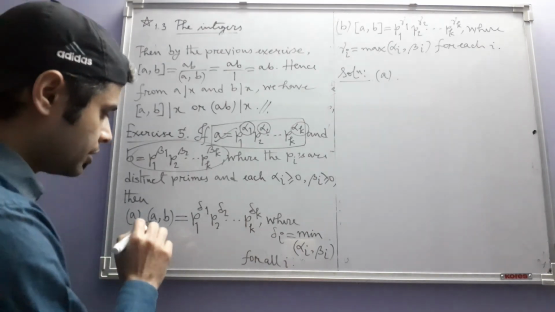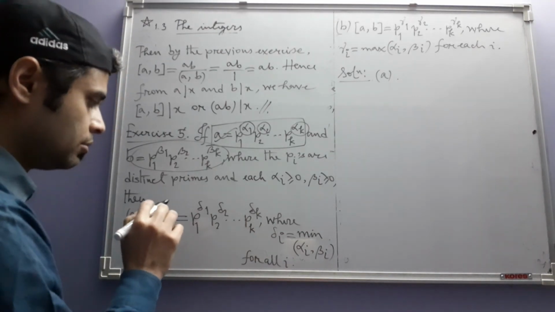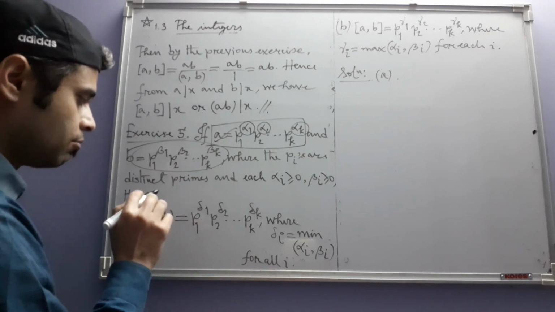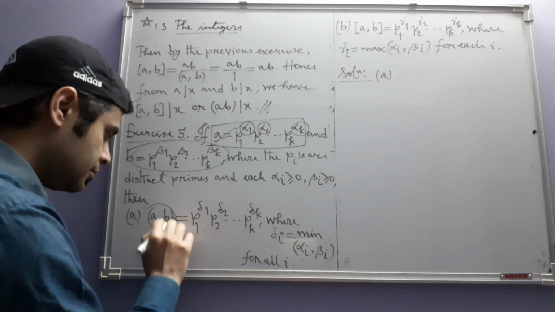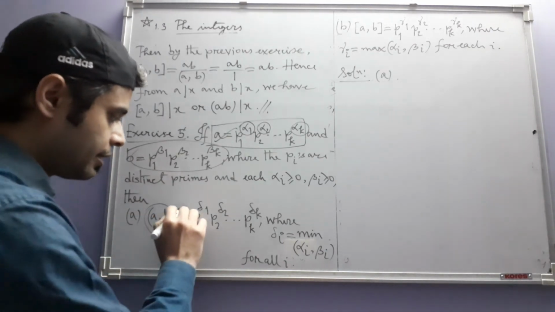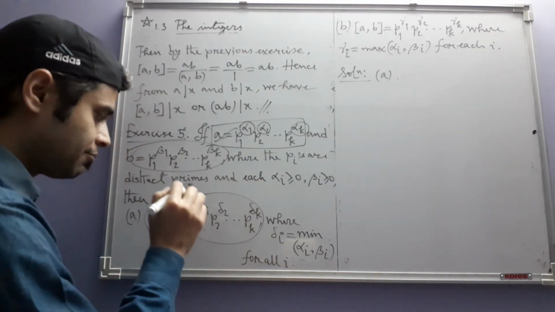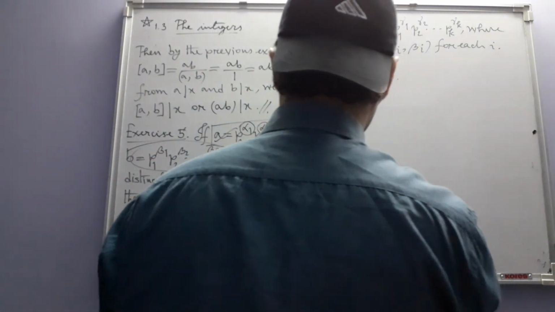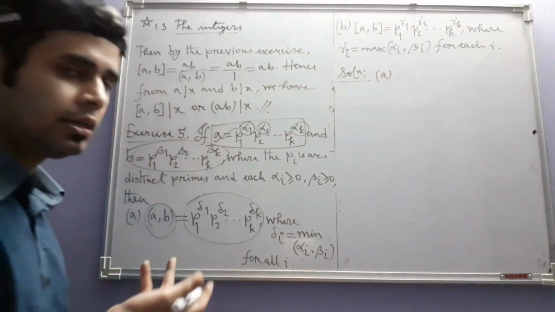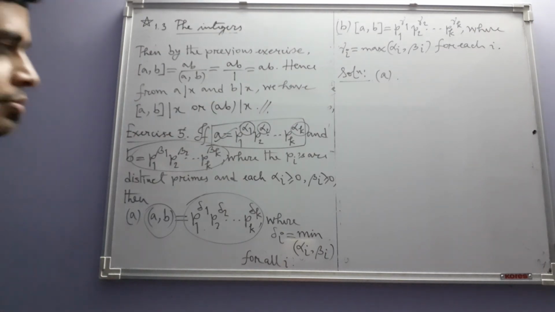So it makes sense to wonder whether these two are equal, because by definition the GCD is a positive integer and this is also a positive integer. We have to now show that these two are equal. And to show that, we will use the definition of GCD.